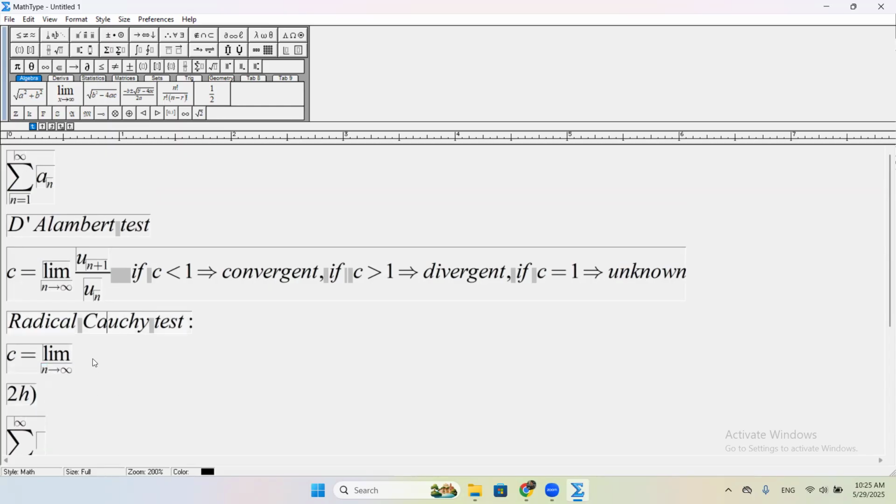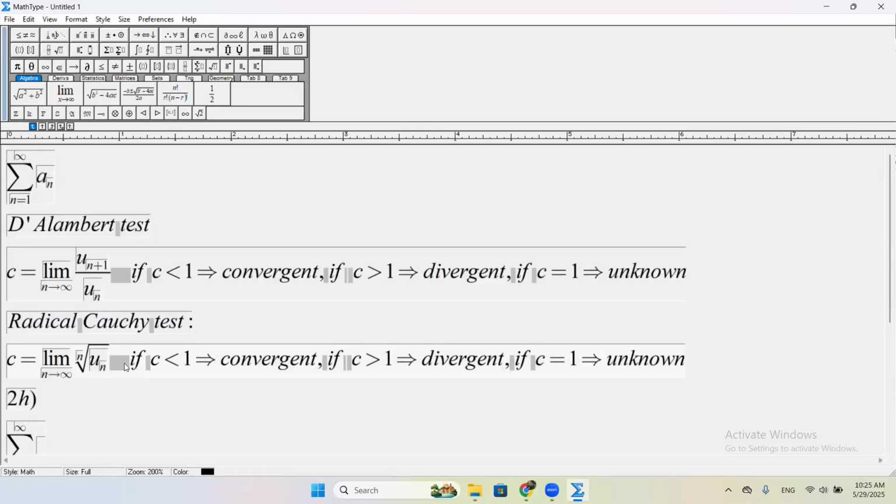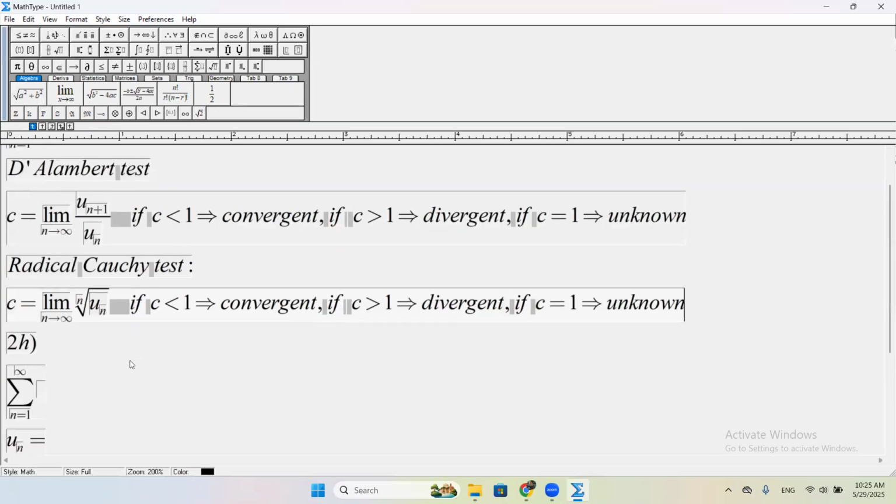When n approaches infinity, the root of power n of the nth term. And again, the conclusions are the same as for D'Alembert test.